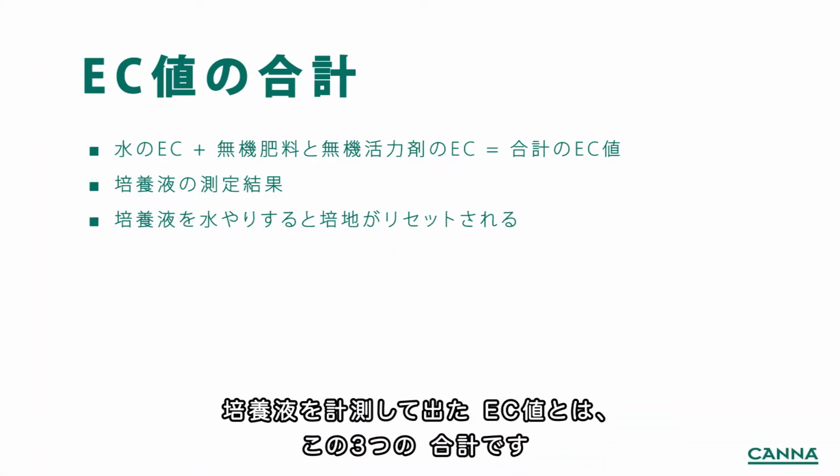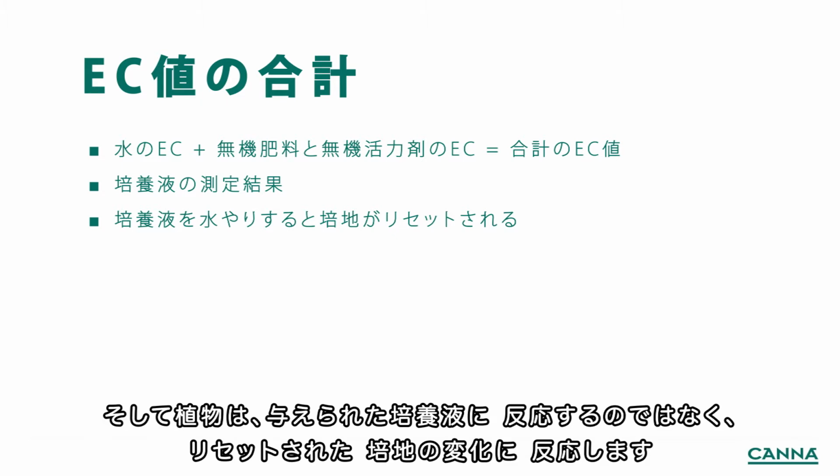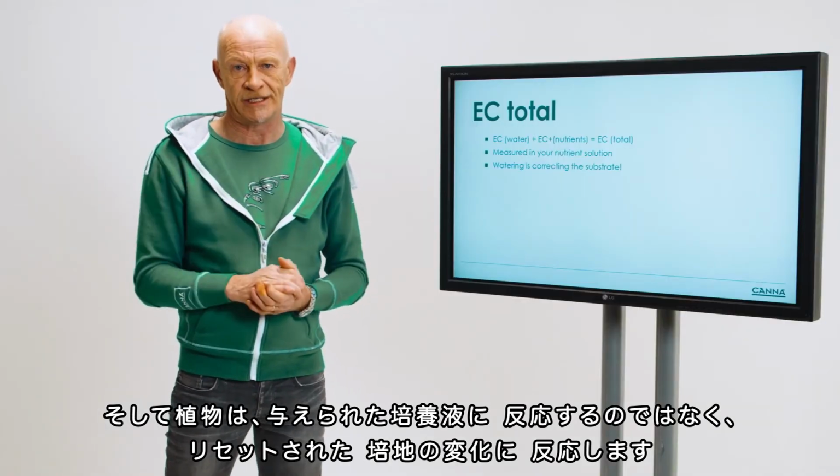That is what you measure in your solution. Every time you water the plant with a nutrient solution, you actually correct the substrate itself. So the plant is not reacting on your watering, the plant is reacting on the substrate.